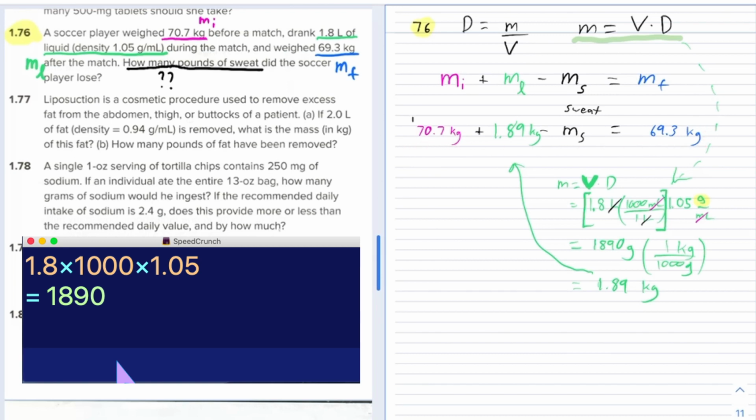Okay, so now we finally have this equation right here. So here, let me highlight that. So we have this equation with only one unknown. And we can solve for this mass of sweat.